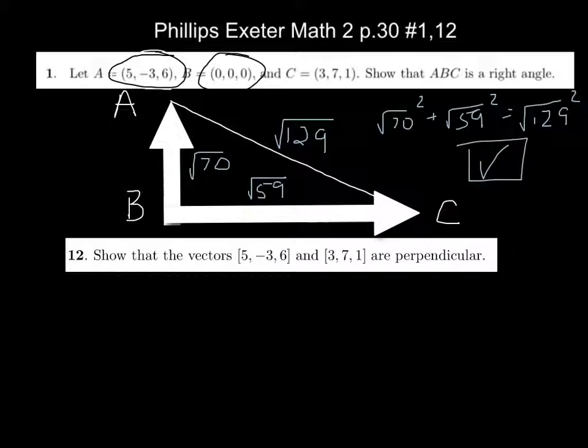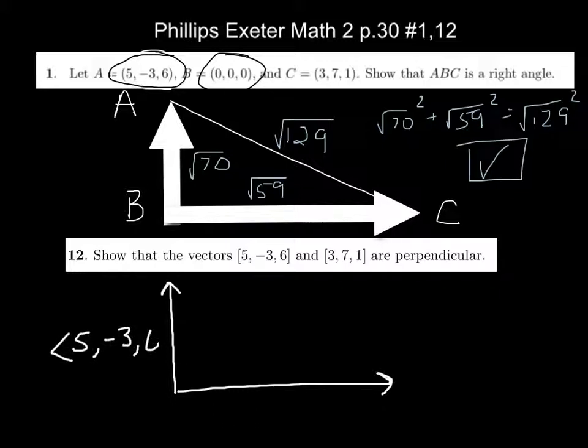So number 12 here is a slightly different question. It's asking about the vectors. Now, if we actually look at these vectors, I'm not going to use those arrows because they're too big. I just don't like them. So let's go here. If I try to draw these vectors and make them perpendicular, we'll go here and here. Okay, so we'll call this vector 5, negative 3, 6. And this one down here will be 3, 7, 1.